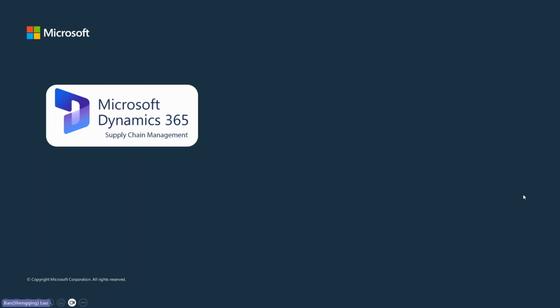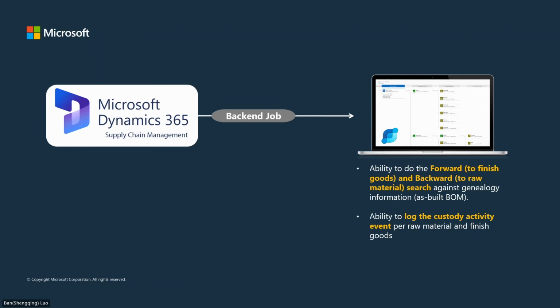As we have shown, first, traceability supports the out-of-box integration between D365 and traceability. We extract the transactions to traceability, log those transactions, and enable functions like forward and backward search, log the custody activity, and integrate with different modules.